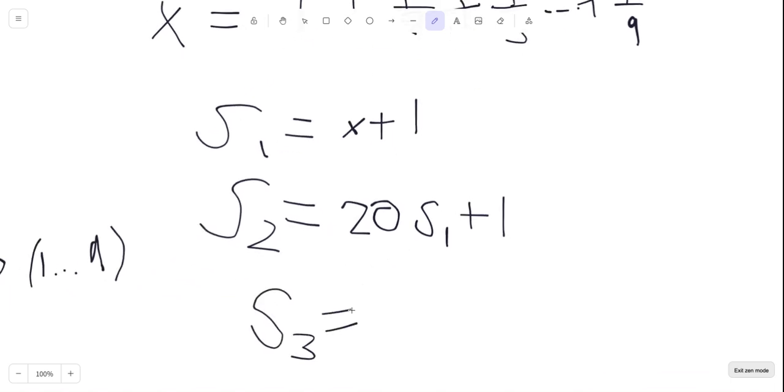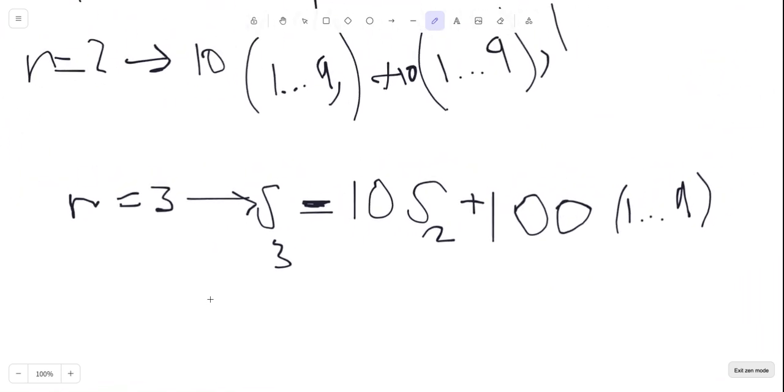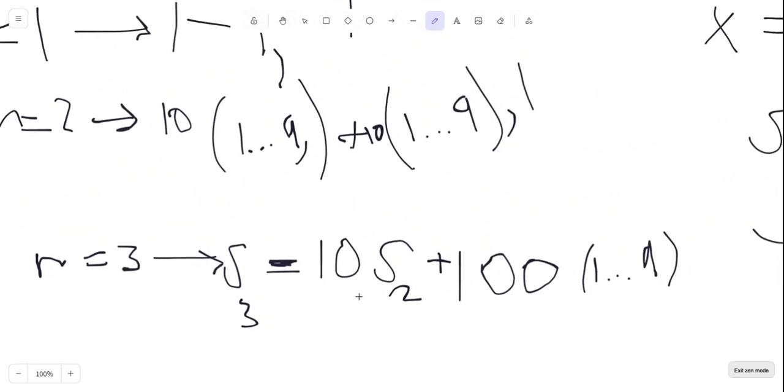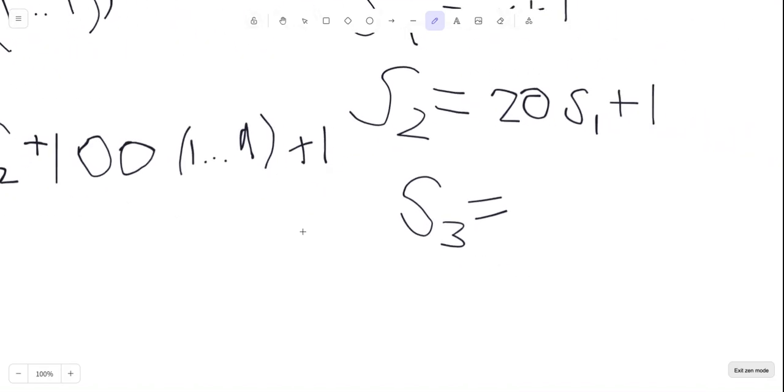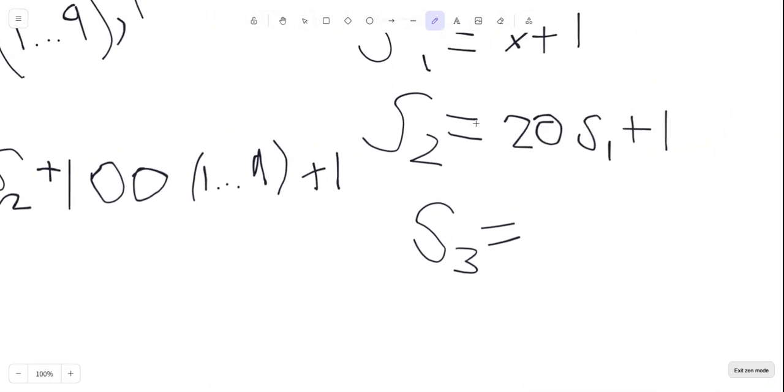S3 is equal to, over here, we have 10 times S sub 2, and then because 10 hundreds, 100 times the reciprocals from 1 through 9. And then with the extra 1 for that 1000, the last number.